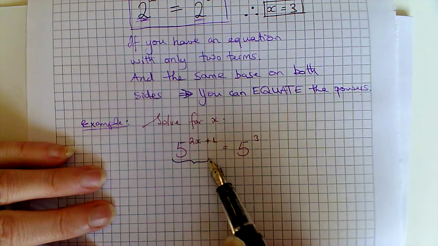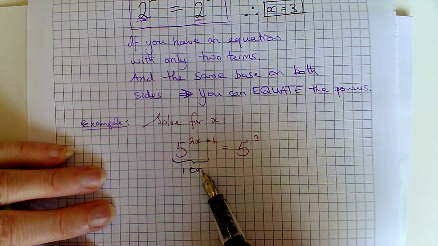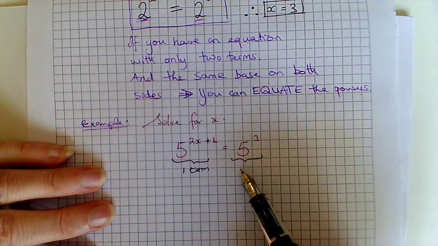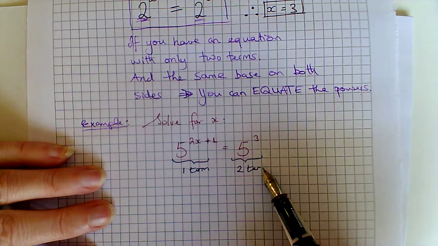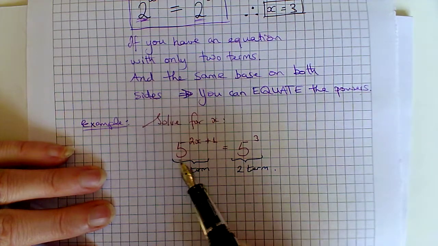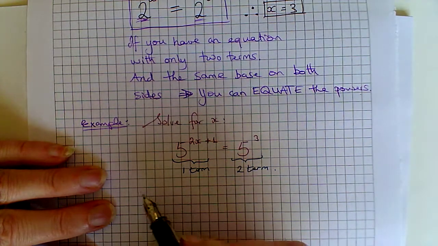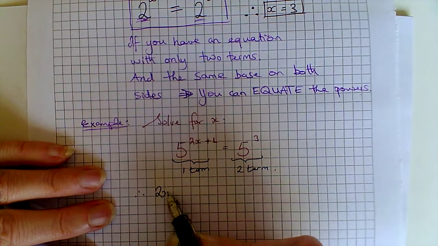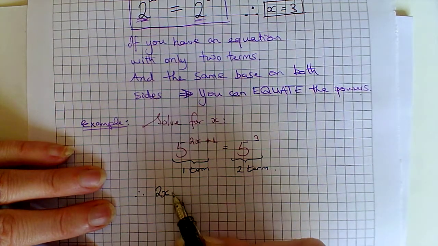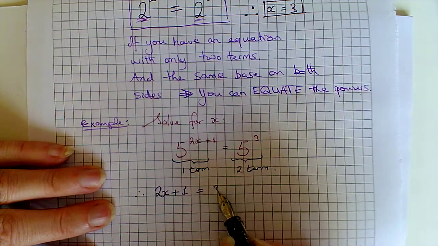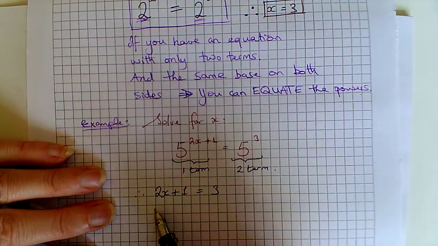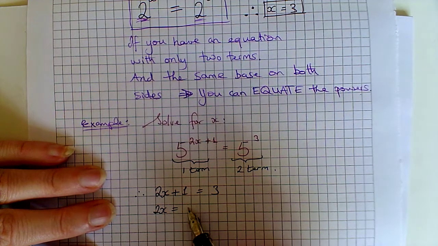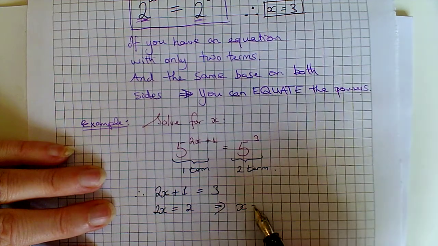So this is one term, and this is the second term. So 5 is my base number on both sides, and therefore I can write down that the powers are equal. 2x plus 1 is equal to 3, which means 2x is equal to 2 and x is equal to 1. That's what it's saying there.